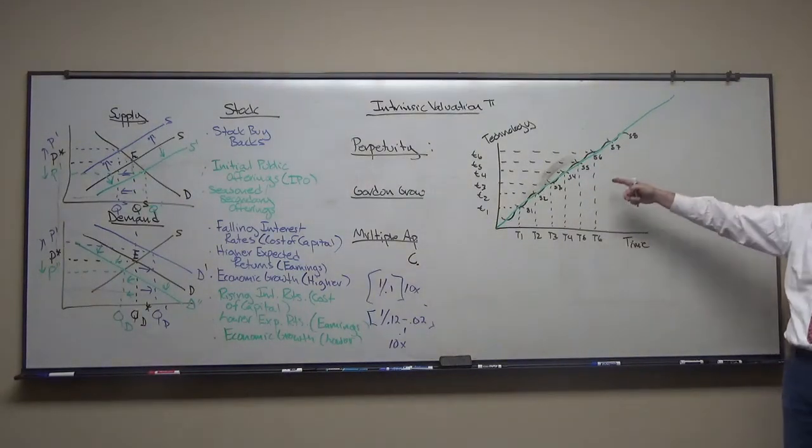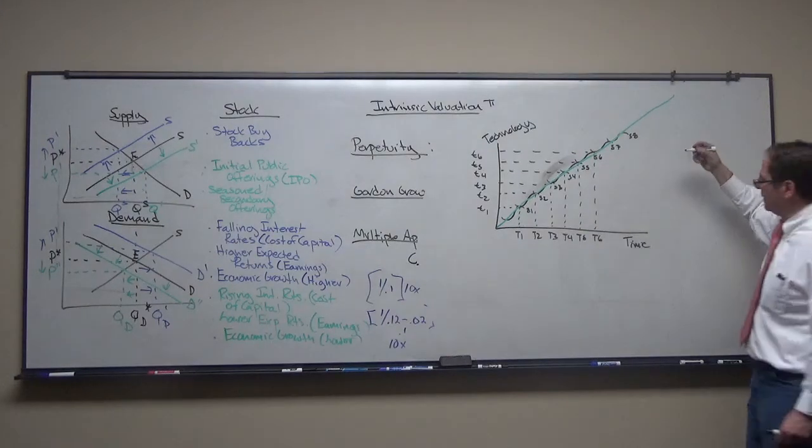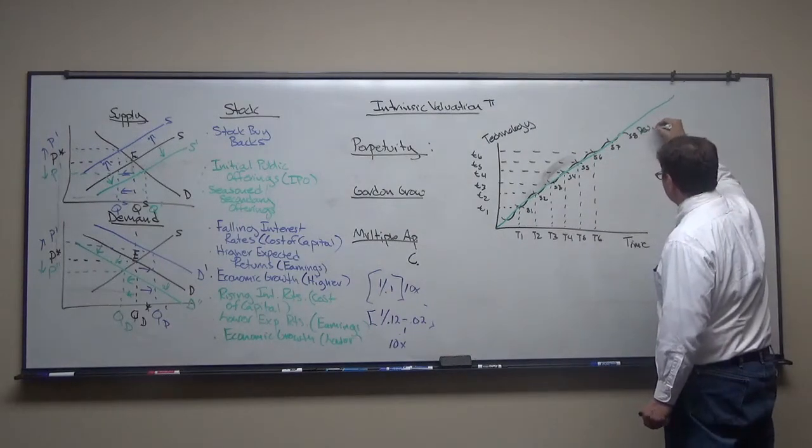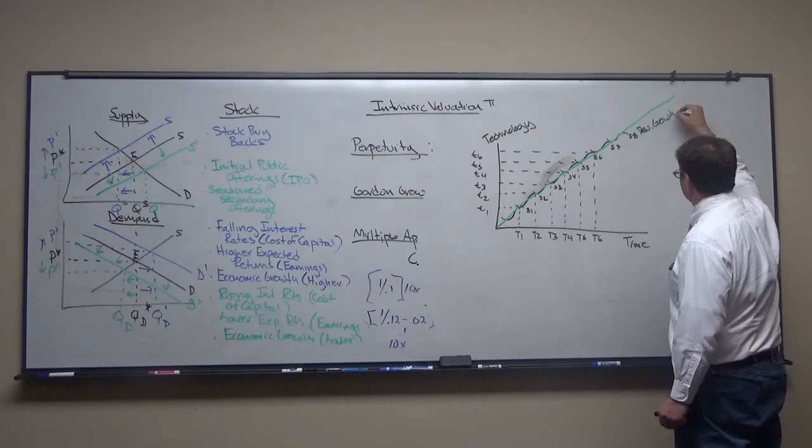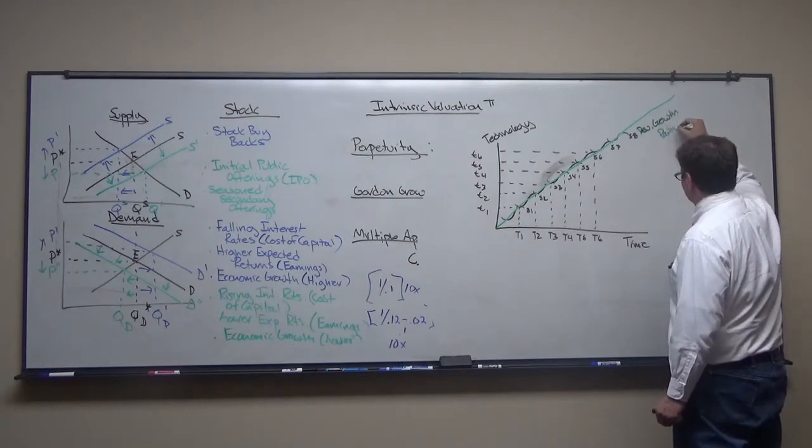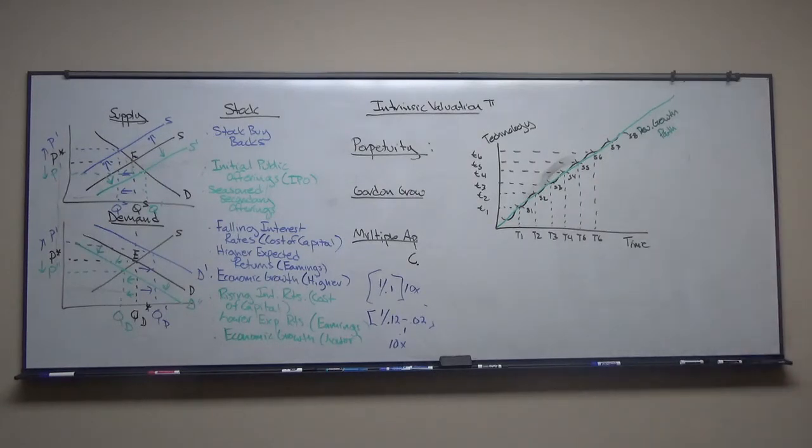And this becomes a revenue growth path, okay? And if the market assumes that you can continue to innovate new technologies consecutively over time into the future, you'll be able to grow your revenues into the future forever, okay?